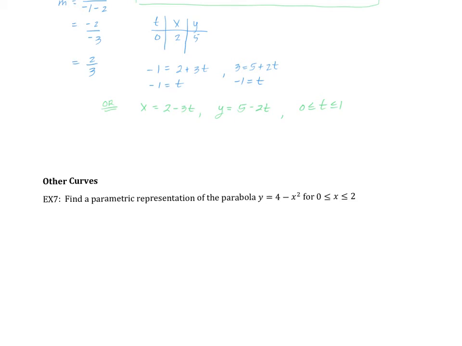Again, not unique, infinitely many choices. If I take that slope and I multiply or divide top and bottom by some non-zero number, then that would change this completely. But it would still represent the graph of a line passing through the same points. But it'll pass through those points for different t values.